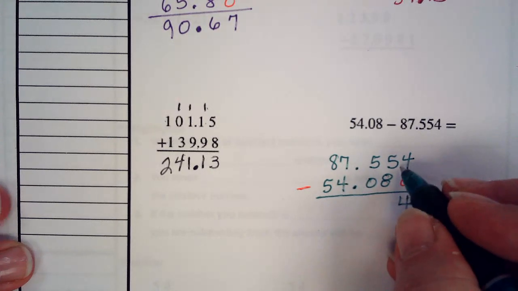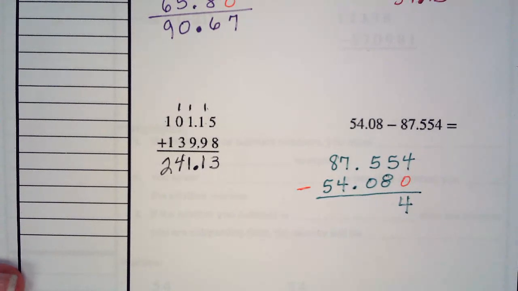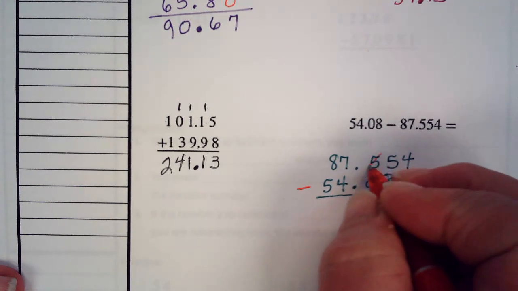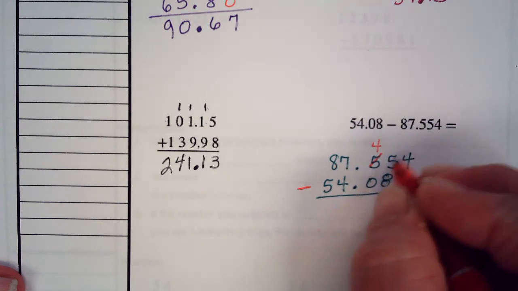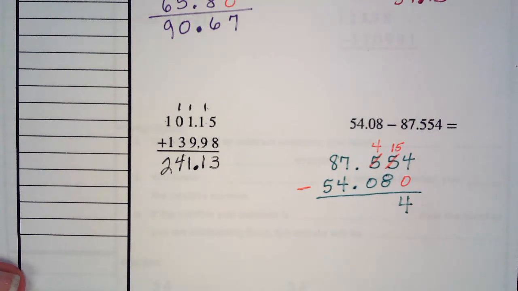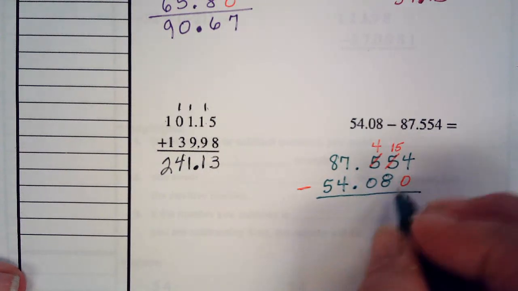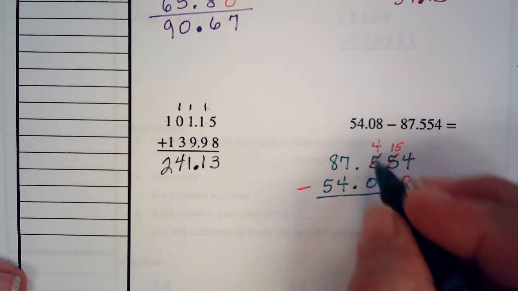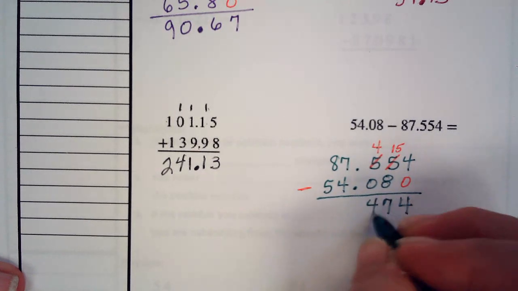Okay, I cannot take 5 minus 8. I have to borrow from the next 5. This becomes 4, and this becomes 15. 15 minus 8 is 7. 4 minus 0 is 4.